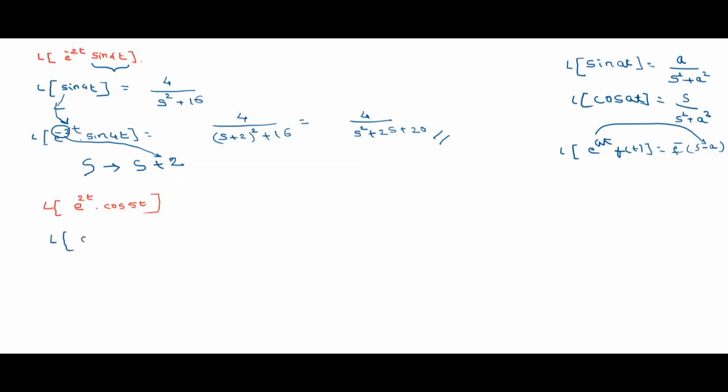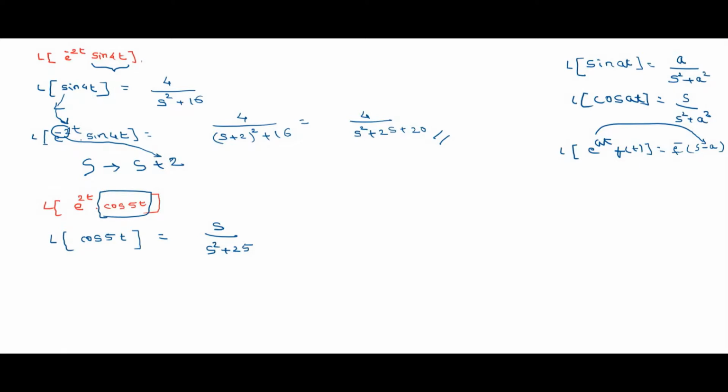Laplace transform of cos 5t is equal to, by using this formula, s divided by s square plus 25. 5 square is 25. This is the Laplace transform of only cos 5t.